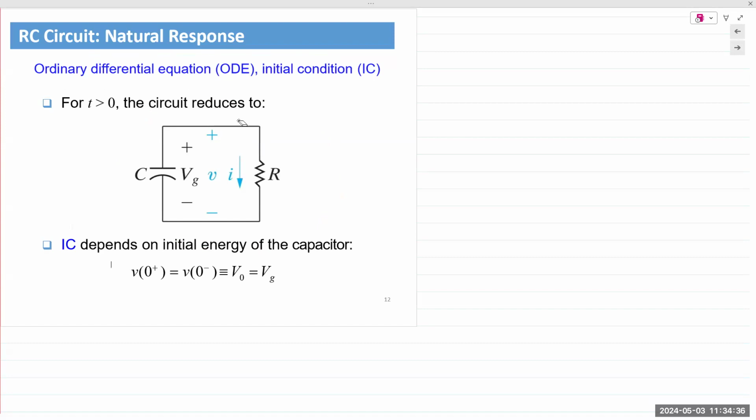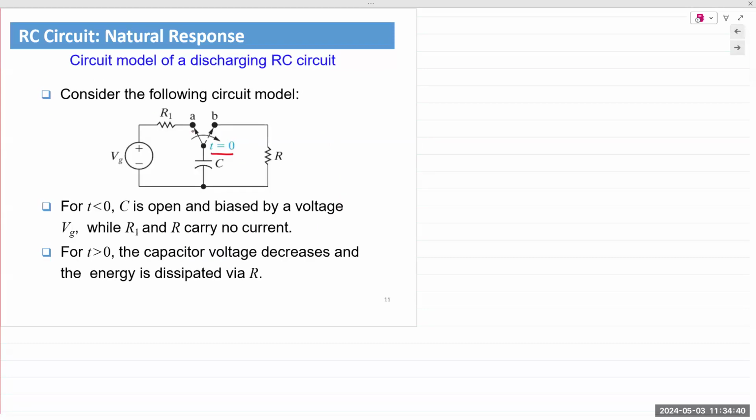For that, we have to look into the past, meaning before the switch was flipped. Before the switch was flipped, it was at position A, where the capacitor is connected to the voltage source, VG. G simply stands for generator, so that subscript notation doesn't really make a difference. Whatever the voltage source is, it was connected to the capacitor.